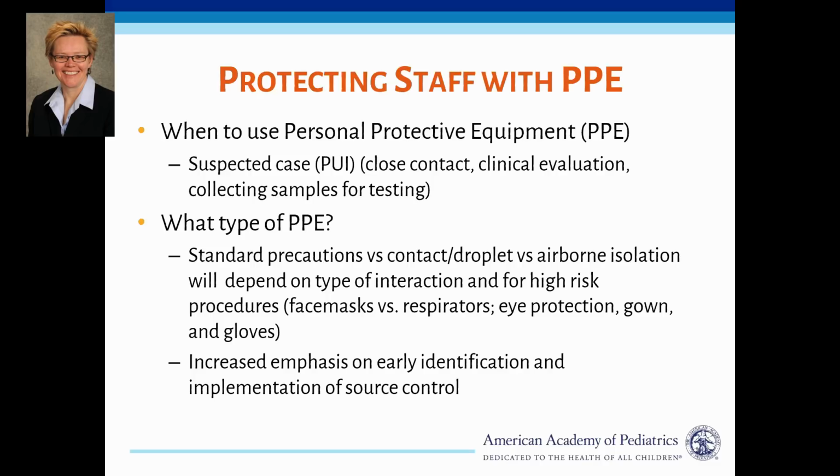The key thing is that even in the office practice, the simple act of washing your hands, wearing a mask, having people wear a mask when they're coughing, having eye protection when people are coughing are really important for preventing infection spread from everything from influenza to novel coronavirus COVID-19.